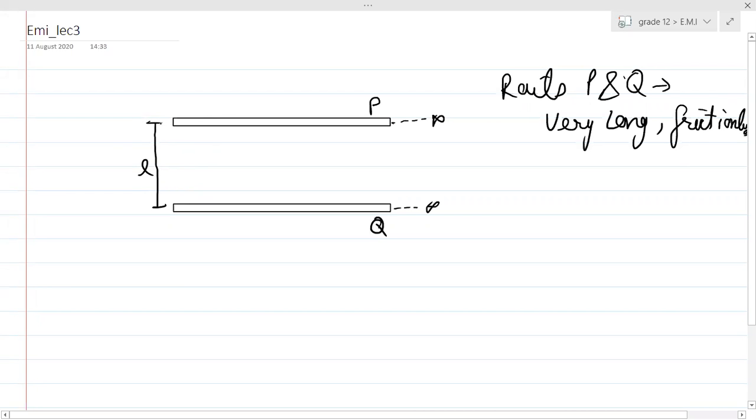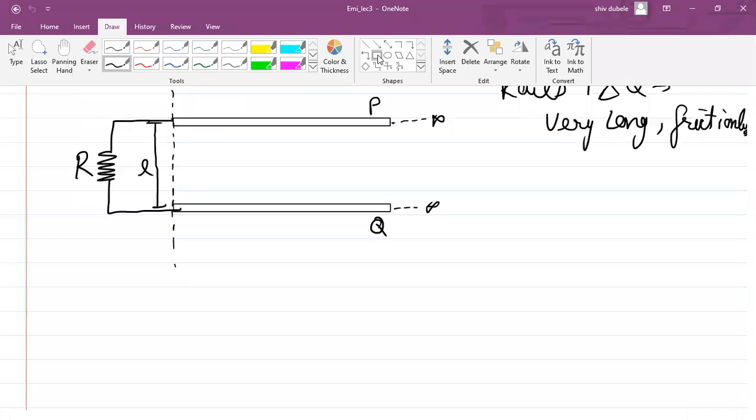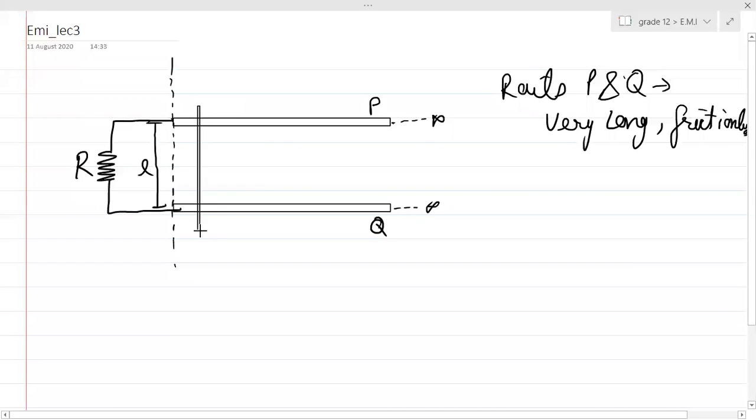Their ends are joined with a resistance capital R. Can you see their ends? This end is joined with a resistance capital R, and there is a connector AB which I'll draw like this.